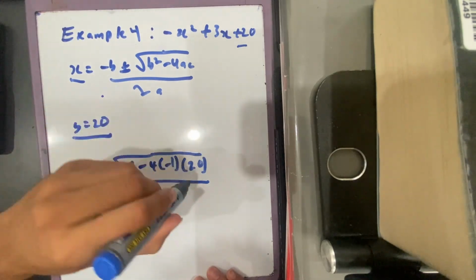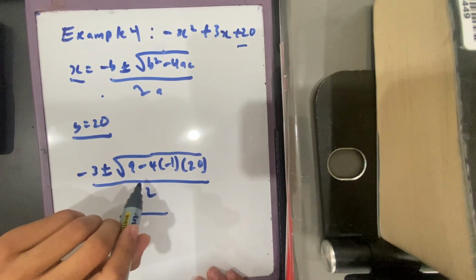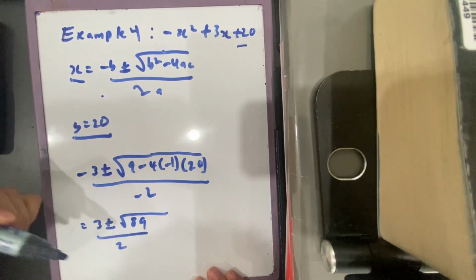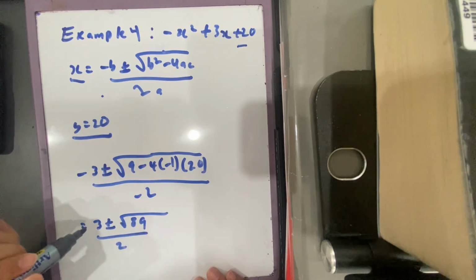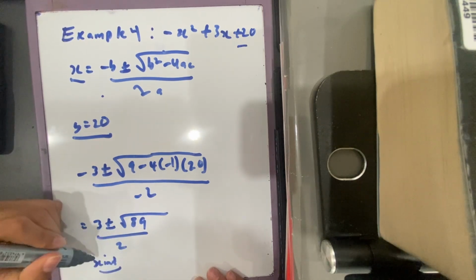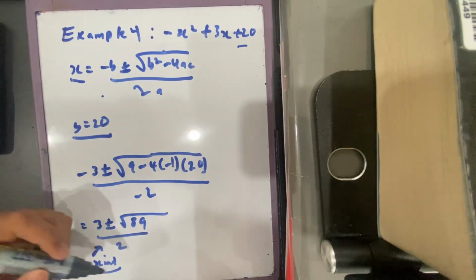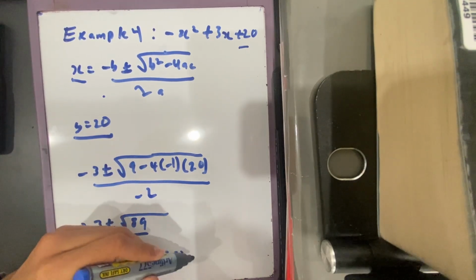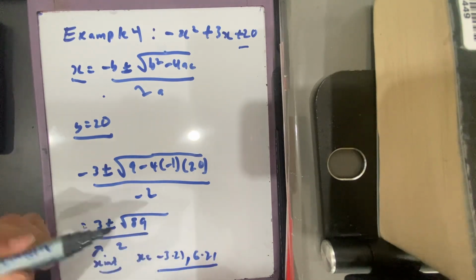Multiply this, 20 times -1, which is -20, times 4 is -80, so 80 plus 9 is 89. Divided by 2. So 3 plus root 89 divided by 2 and 3 minus root 89 divided by 2 are your x-intercepts. When you put this in the calculator, you get approximately 6.21 and -3.21. So these two would be our x-intercepts.